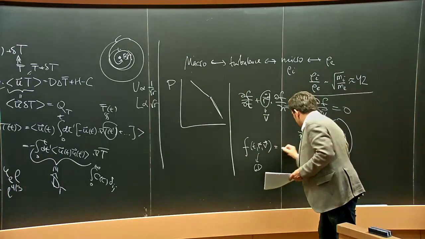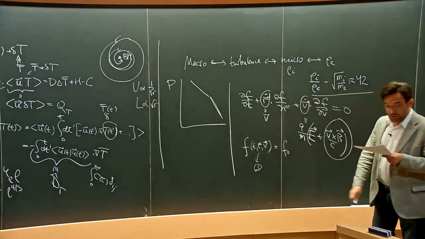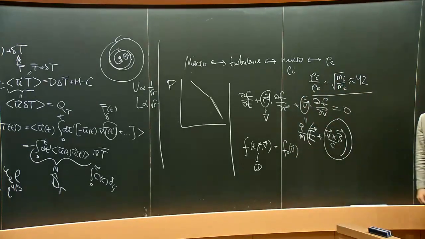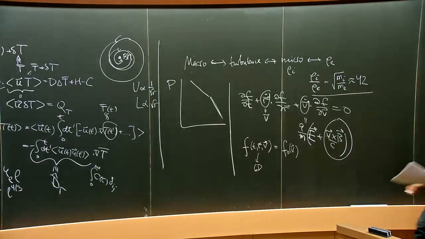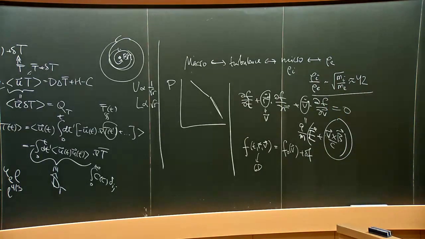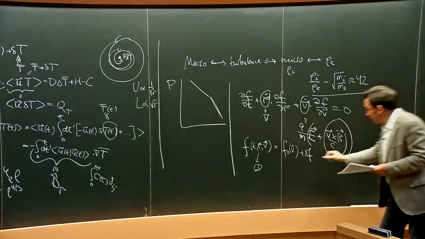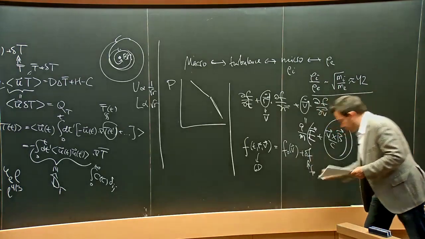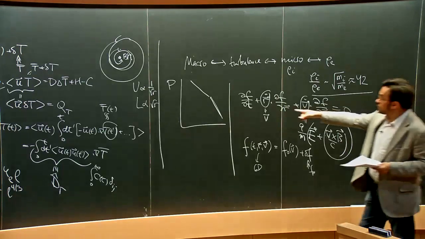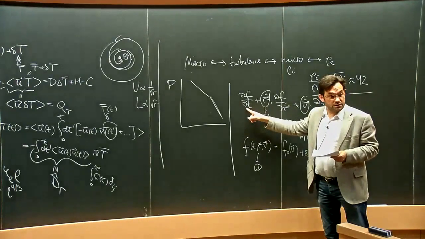That is going to be some average distribution function, simply averaged over space, so it's going to depend only on V, plus delta F. Again, mean field and fluctuations, and yet again, I will assume that delta F is much smaller than F naught. Well, let's take this equation and integrate it over space.